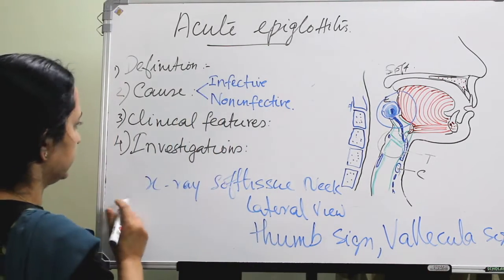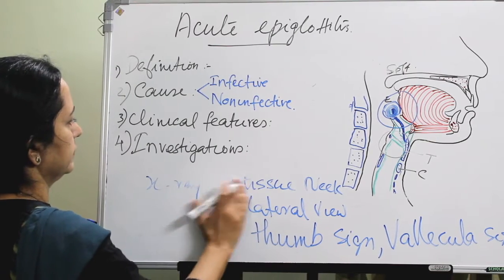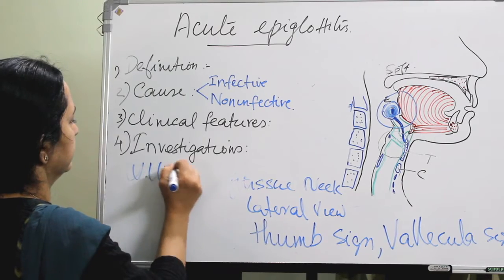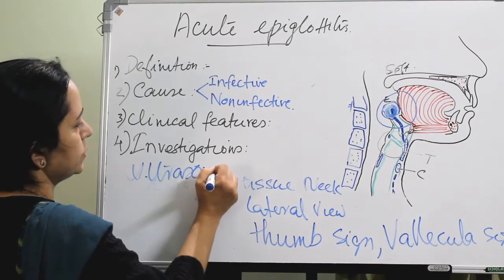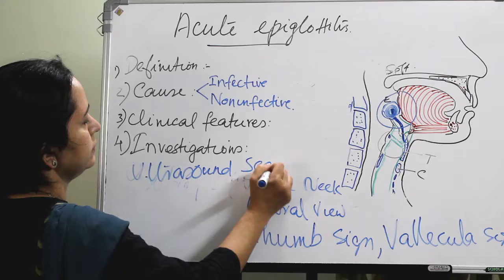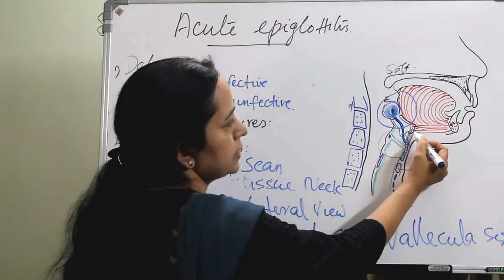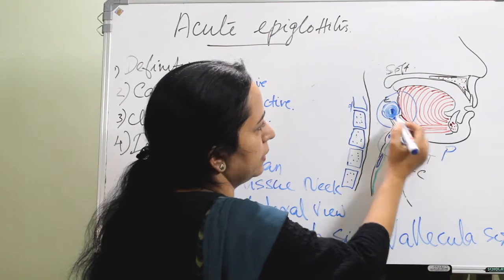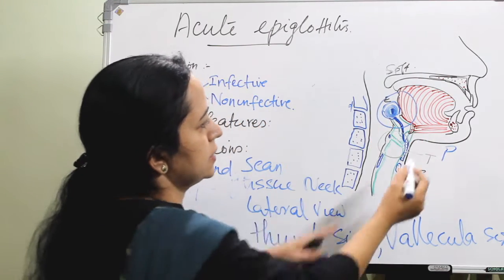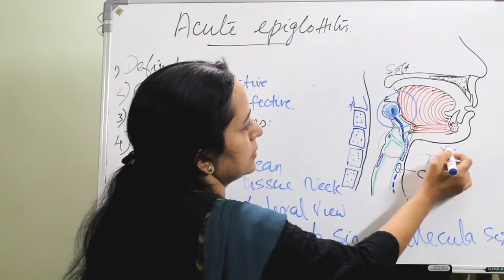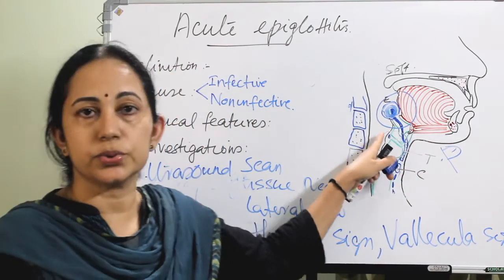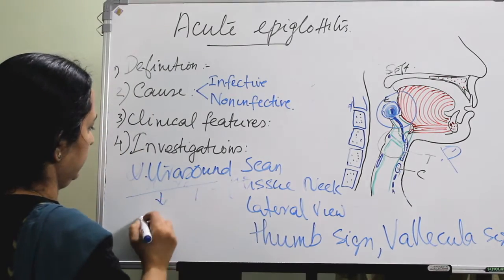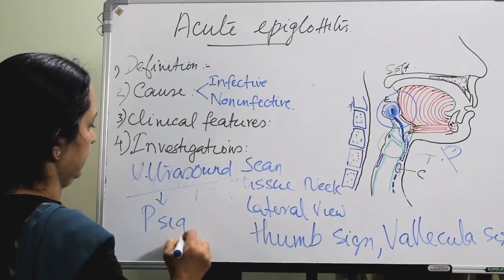And another investigation which is of use is an ultrasound scan of the neck. Through the thyroid membrane in longitudinal view, you can see the alphabet P sign in an ultrasound neck.